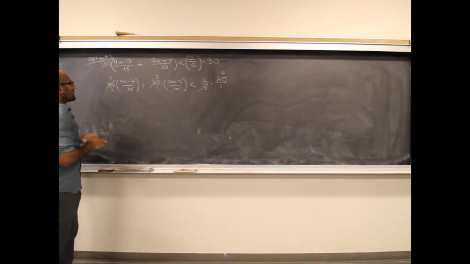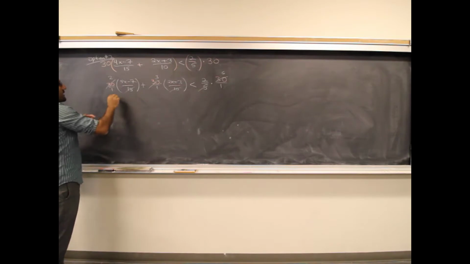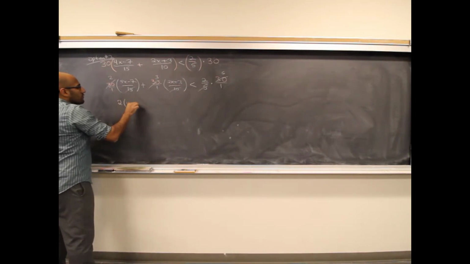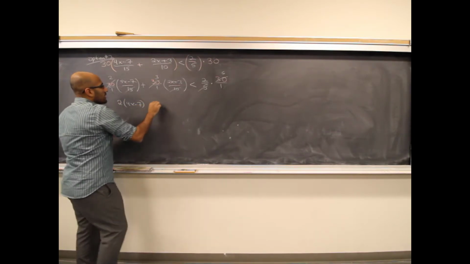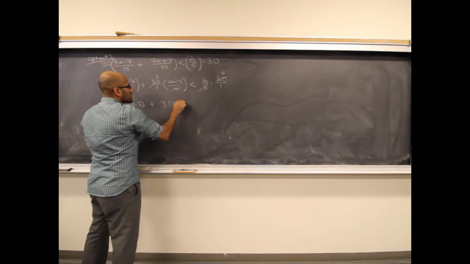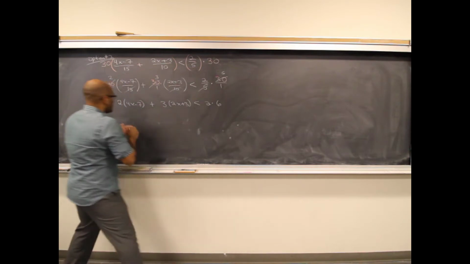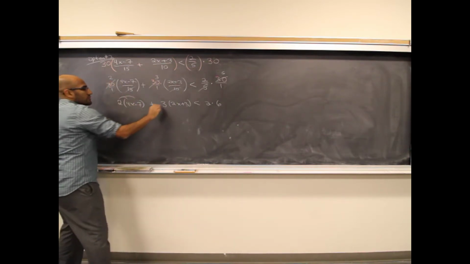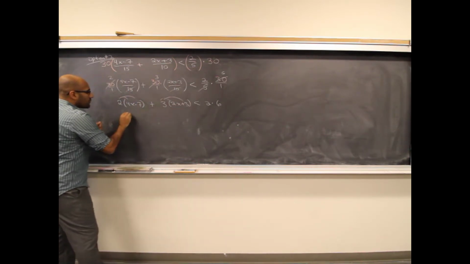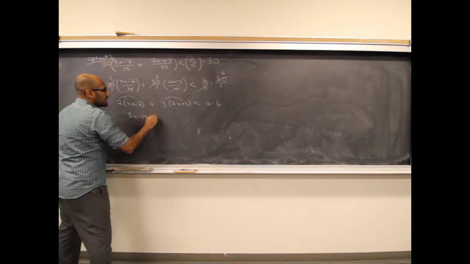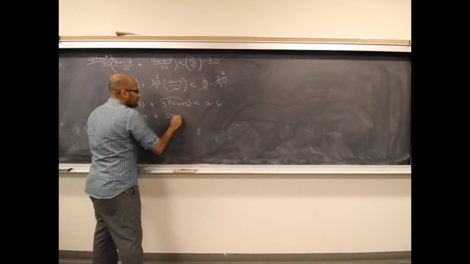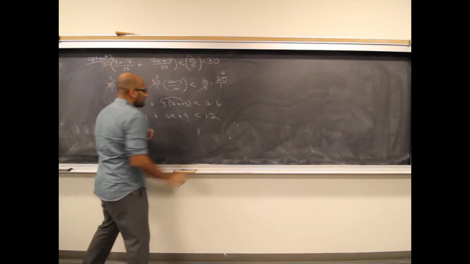So now we distribute here, we end up with 2 times 4x minus 7 plus 3 times 2x plus 3 is less than 2 times 6. We distribute. We end up with 8x minus 14 plus 6x plus 9 is less than 12.